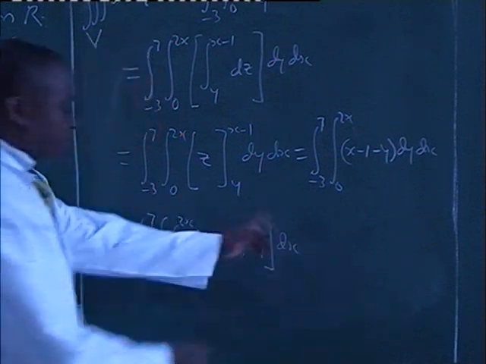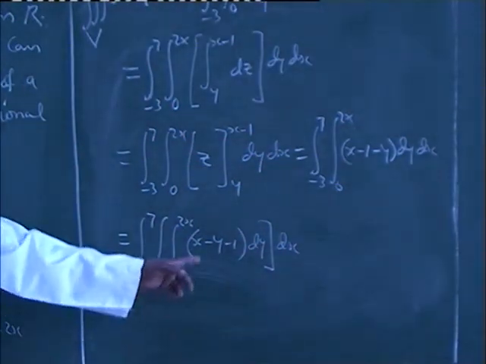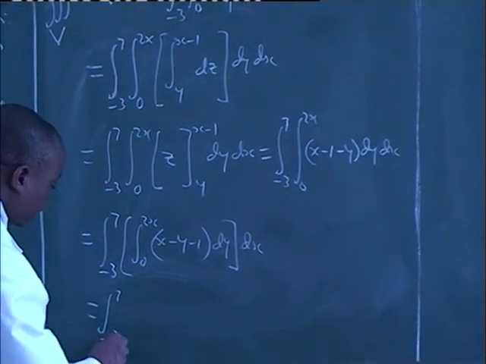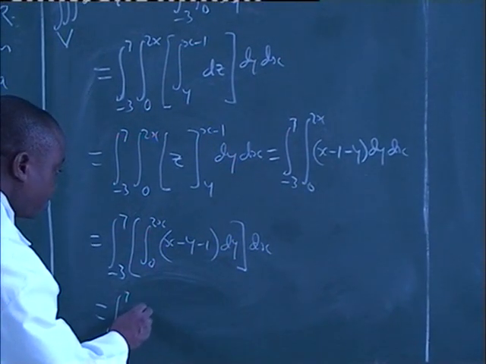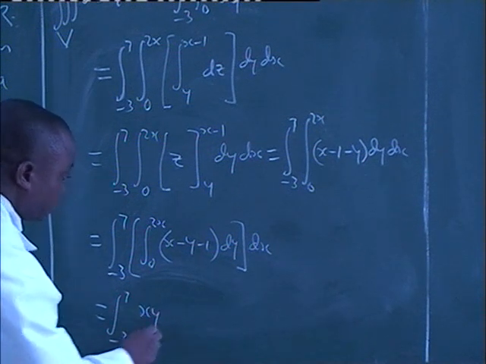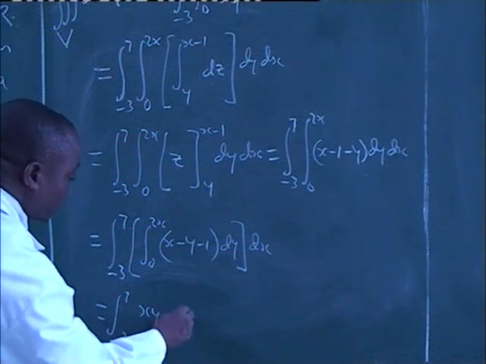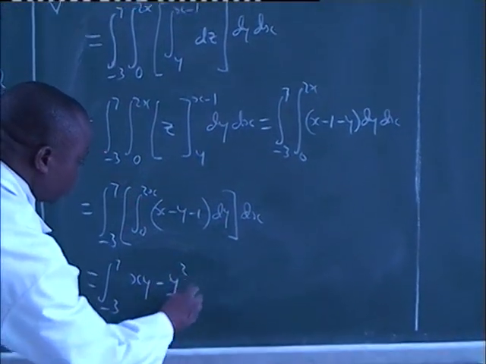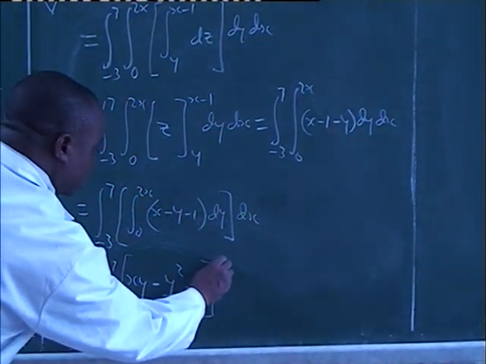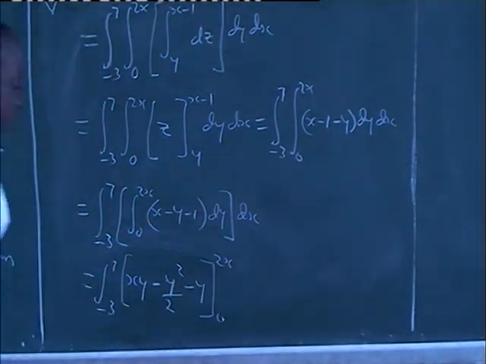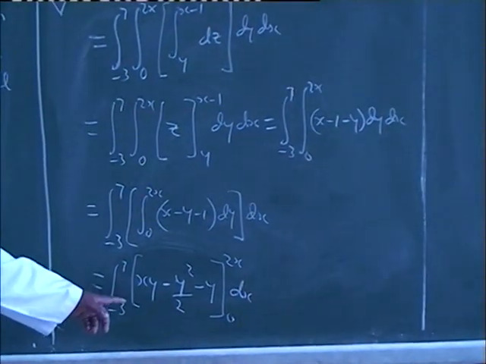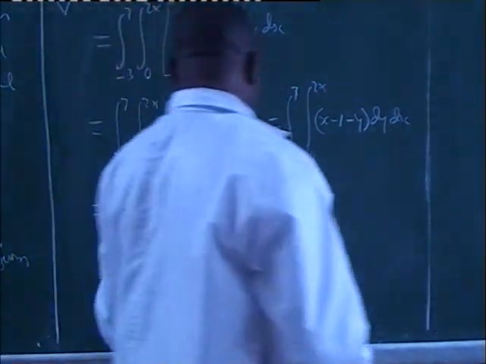So the x, we keep the x outside. Then when we integrate this with respect to y, we will have the integral from 7 to minus 3 of x times y, minus y squared over 2, minus 1, with the limit 2x to 0, dx. So if we do that, we can now substitute the limits.